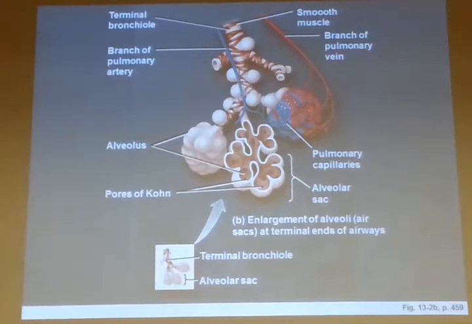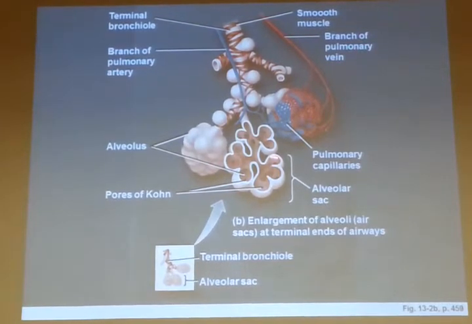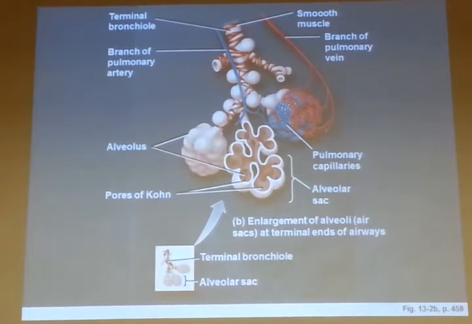So remember that all the alveoli in a sac are usually interconnected. So if one has an increase in pressure for some reason, it will just squeeze all its air out into another one that has lower pressure.